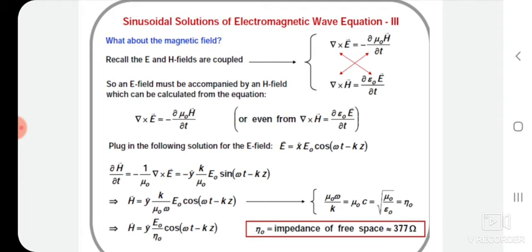Then if we take the integration on both sides, H is equal to y-hat k by mu naught omega E naught cos(omega t minus kz).